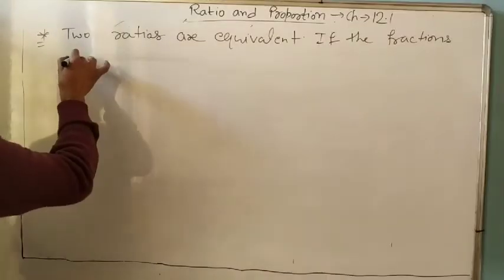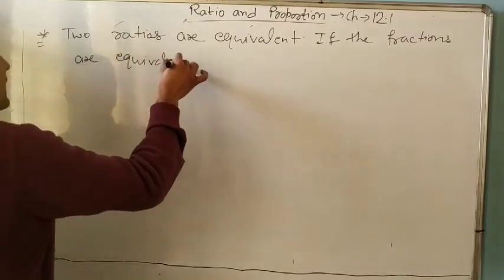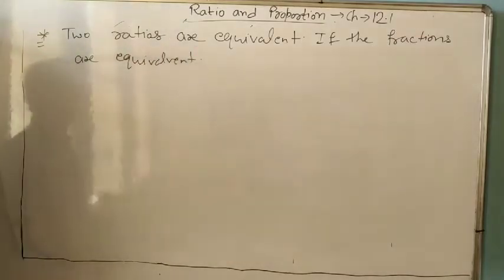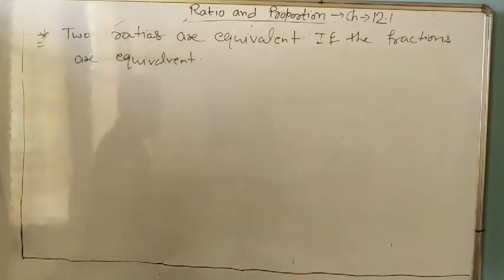If the fractions are equivalent, you can write in very simple language: two ratios are equivalent if the fractions are equivalent.